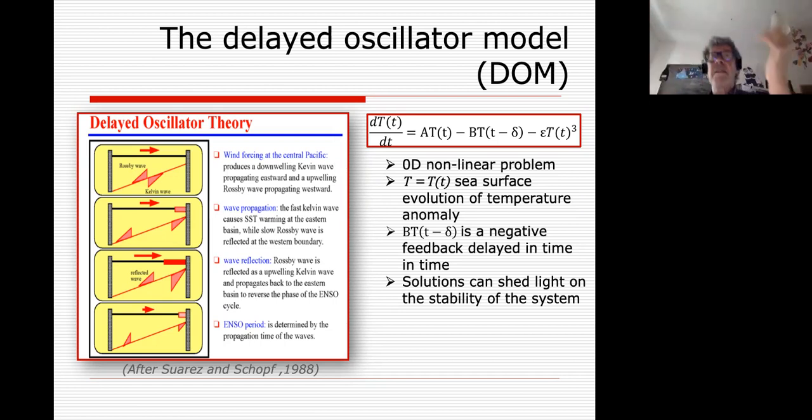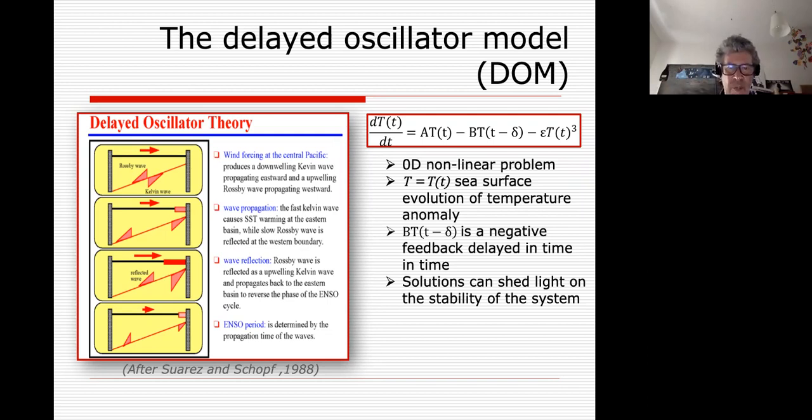You can imagine successive states of El Niño and La Niña as two extreme states of an oscillating system.